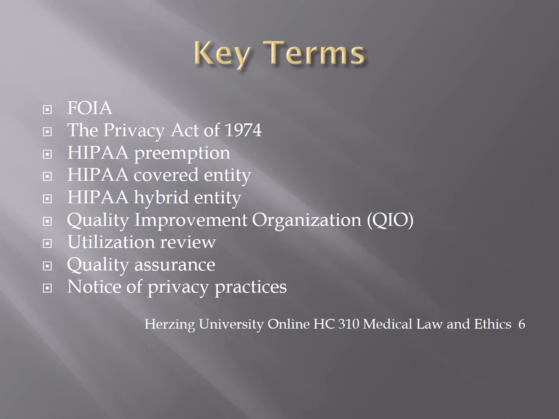This is the systematic monitoring of quality in programs by the agency itself. Notice of privacy practices. This is information provided to the individual related to the uses and disclosure of PHI, personal health information, along with the individual's rights related to their personal health information.